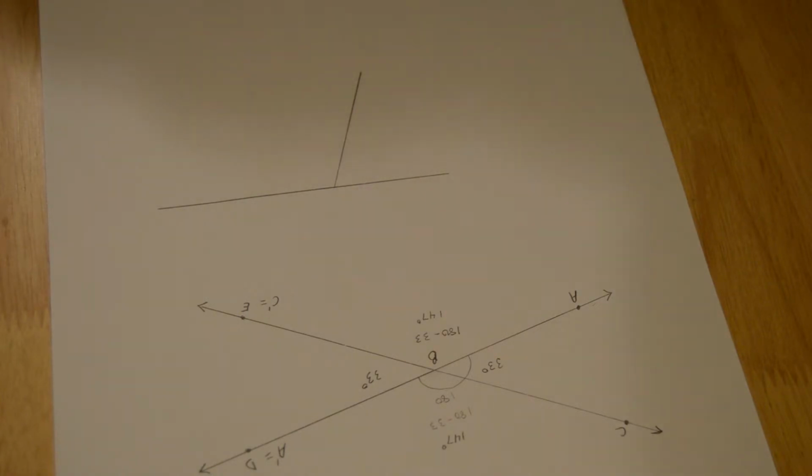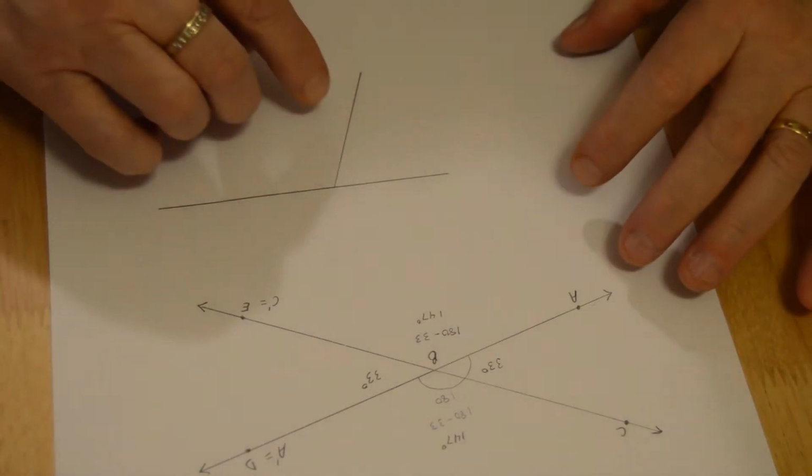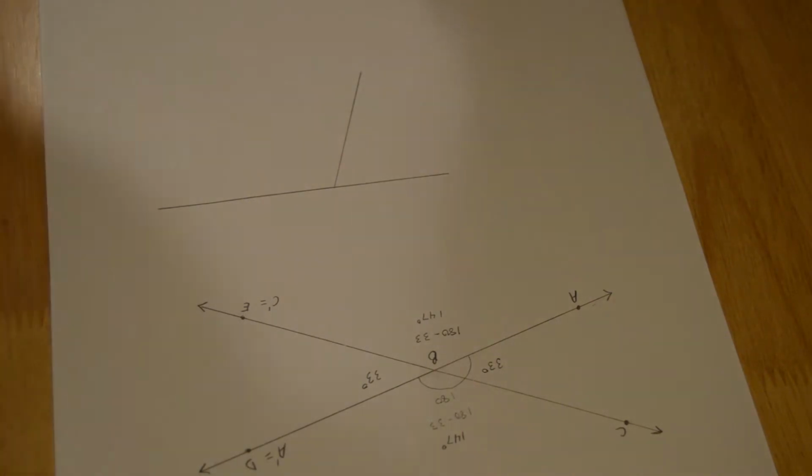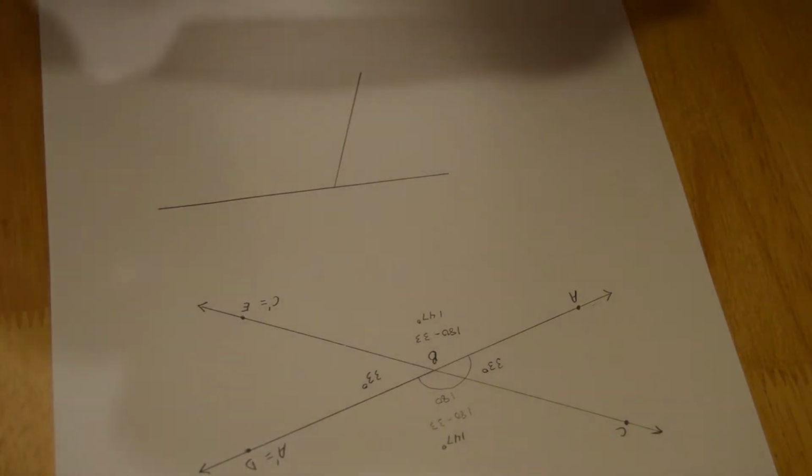So what I have right here is we're going to show how through translations, which is an isometric transformation, we can show that when two parallel lines are cut by a transversal, some angles are congruent, some angles are supplementary.